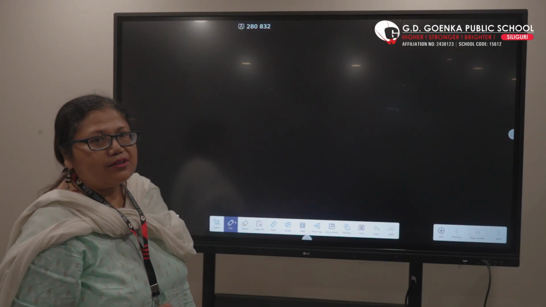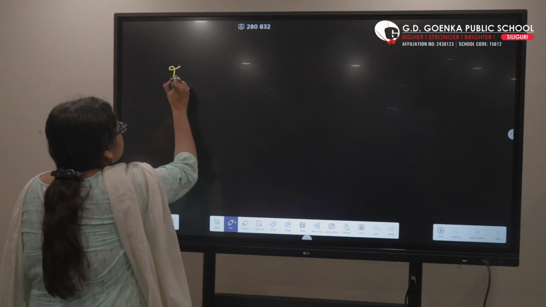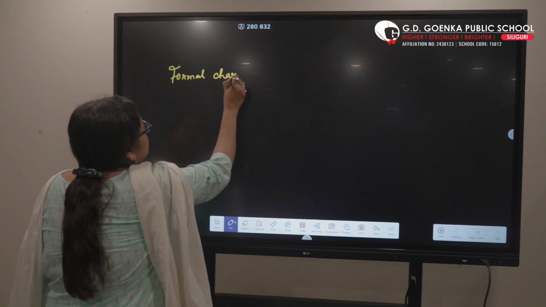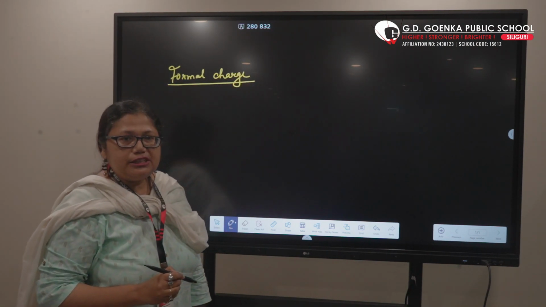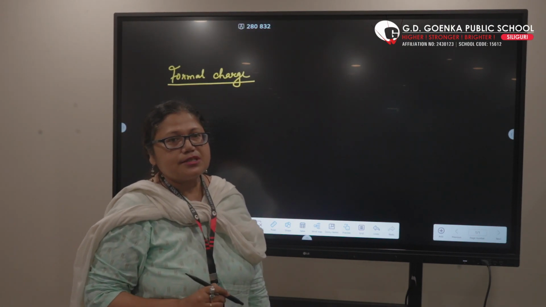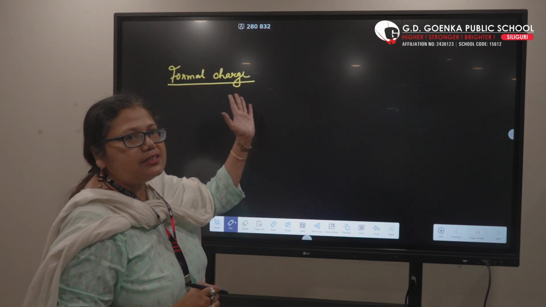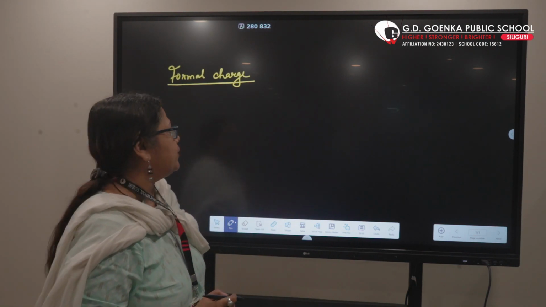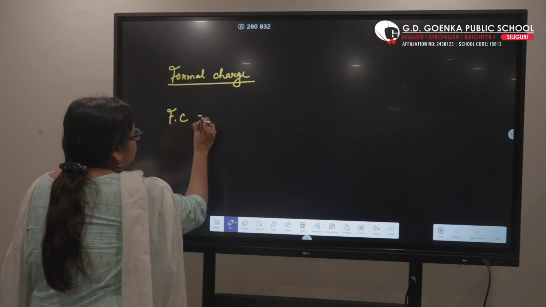So now we are going to have a brief concept on formal charge. What is formal charge? In case of polyatomic ion, we represent the overall charge as a charge on the ion as a whole. But if we need to calculate the individual charge carried by the atoms in the ion, we can also calculate. So formal charge is basically the apparent charge of the individual atoms that we are showing.